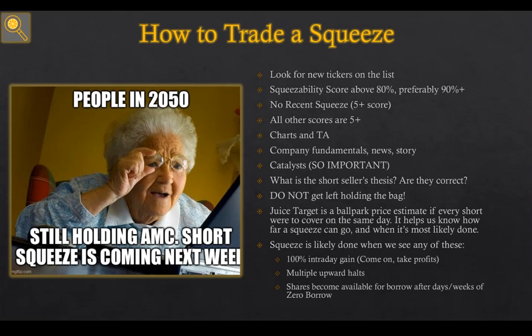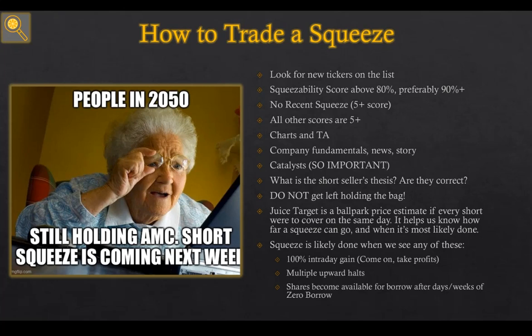Really, we want to see the squeezability score above 80%, or preferably even 90. I usually don't chase stuff that's down in the 60%, 70% range. There are often a lot of squeezes that come from tickers in that range, but it's too hard to pick which ones are actually going to go, because there might be 10 or 15 on the list that are a 60-something percent chance.